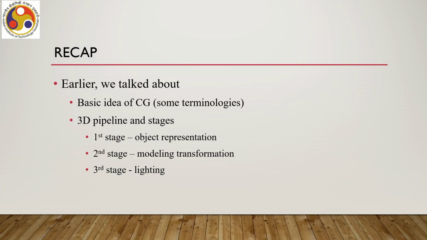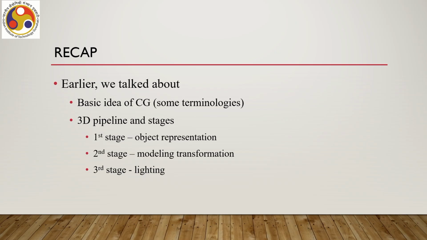In order to understand resource optimization concerns, we started our discussion on computer graphics, which deals with the rendering process, rendering on a computer screen or any display device such as HMDs. So, we learned about the basic idea of computer graphics, including the 3D graphics pipeline stages.